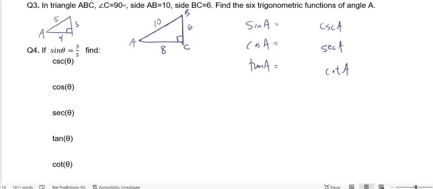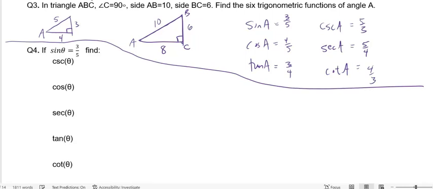So the sine of A would be opposite over hypotenuse, 6/10, or reduce it to 3/5, and you can see why they all have the same trig function values. Cosine 8/10, 4/5. Tangent 6/8, 3/4. And then these guys are free. 5/3, 5/4, and 4/3.